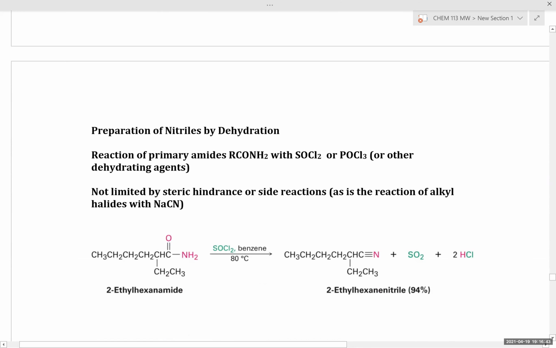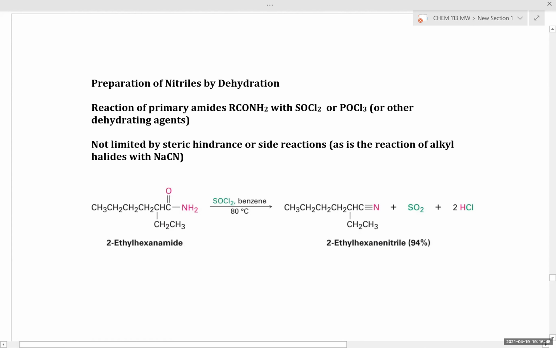Okay, so we've seen that we can hydrolyze a nitrile to make a carboxylic acid. Let's talk about a reverse reaction where we take an amide and we can dehydrate it to make a nitrile.